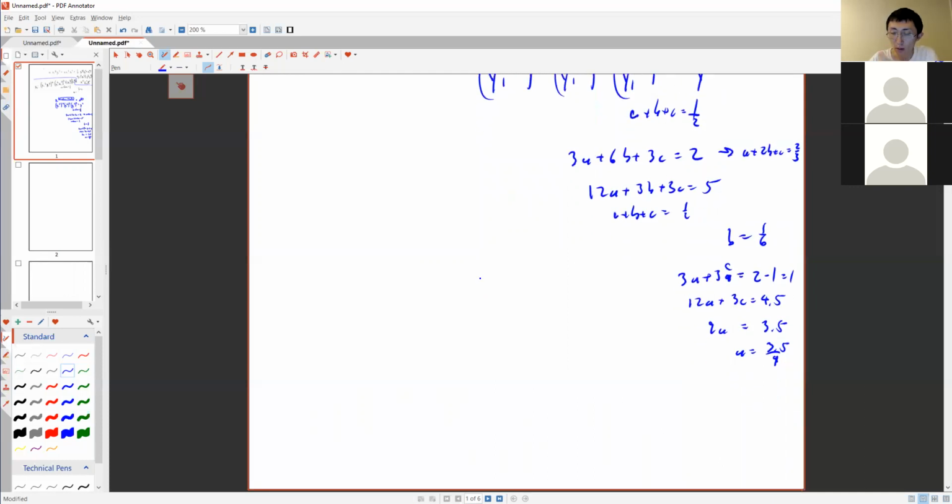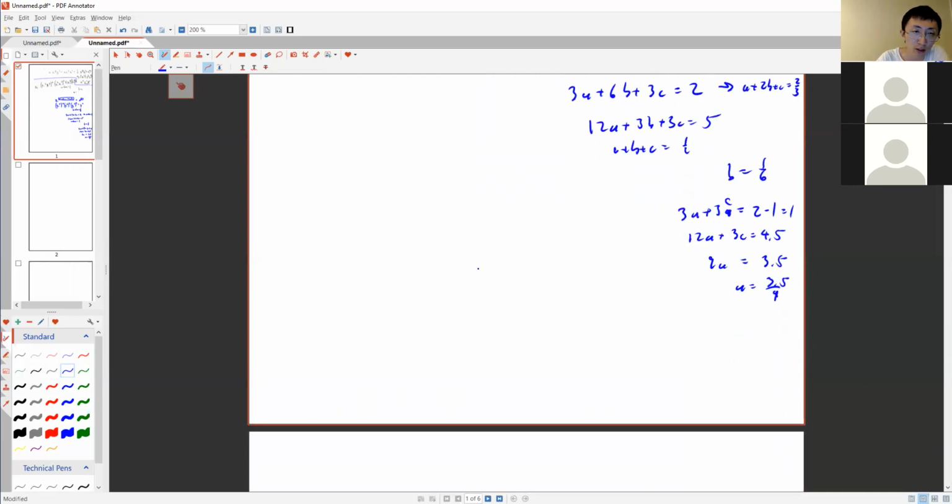Okay, so I think this is... why were we able to assume that those two had the same weight?